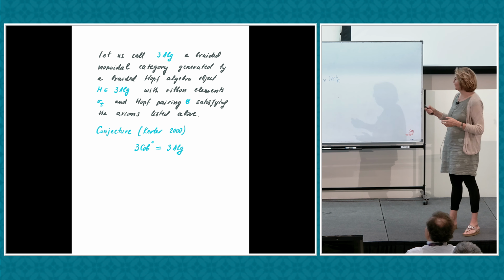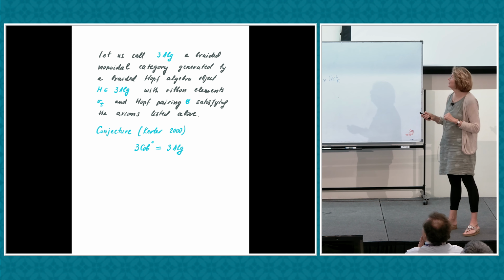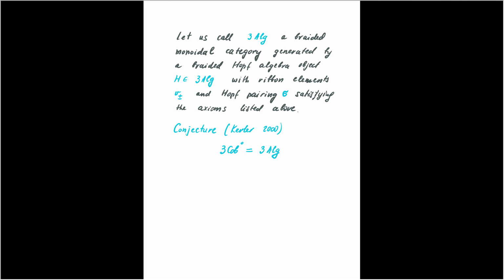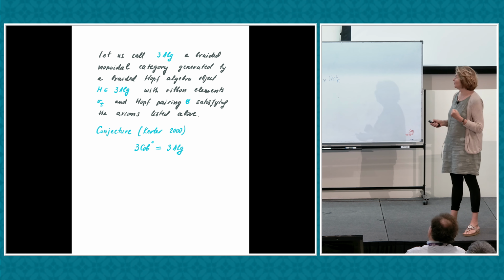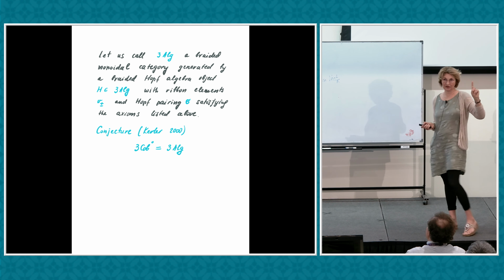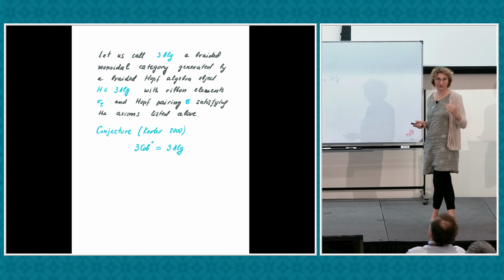And so if you now define 3-Alg as the braided monoidal category generated by a braided Hopf algebra object H, which in addition has these Reidemeister morphisms and Hopf pairing satisfying the axioms I listed before, then what was conjectured by Kerler around 2000 is that 3-COP should be equivalent to this braided monoidal category generated by one single object with a few generating morphisms and some relations on them.